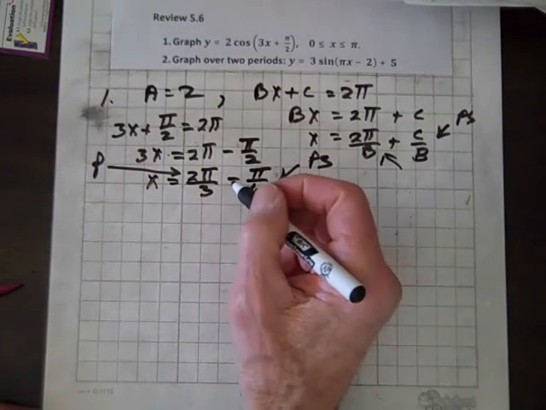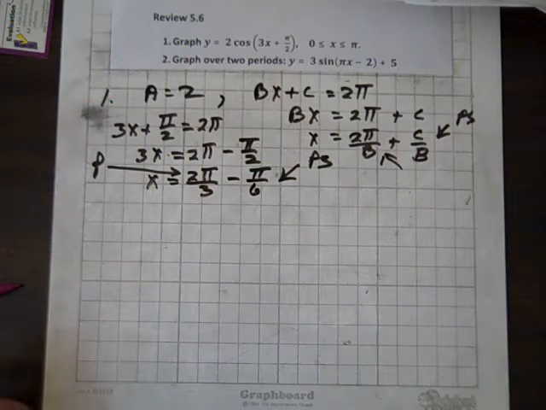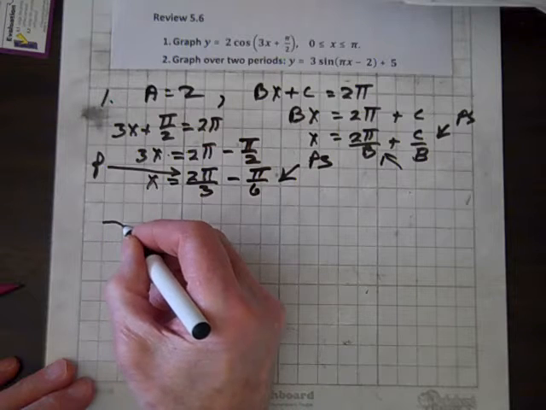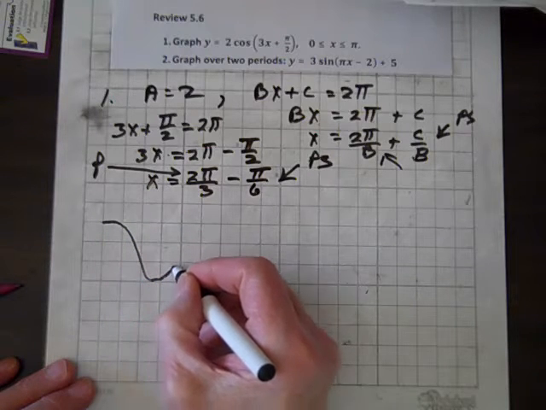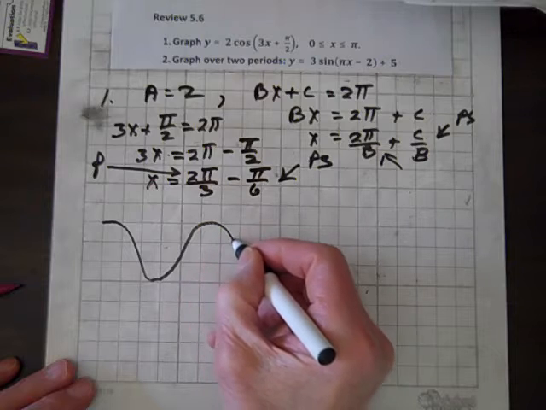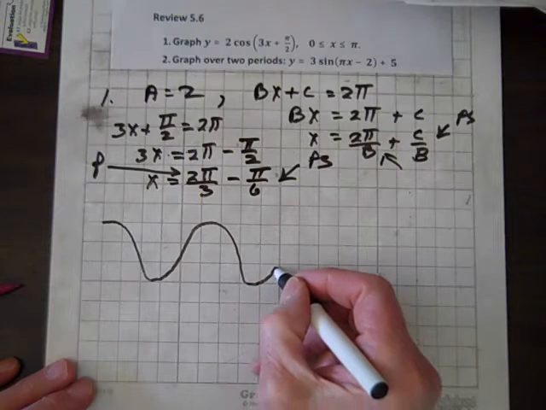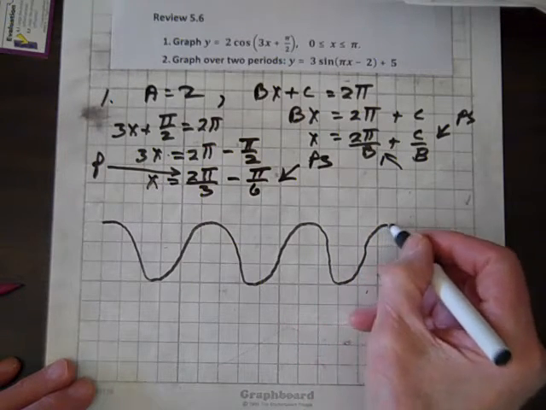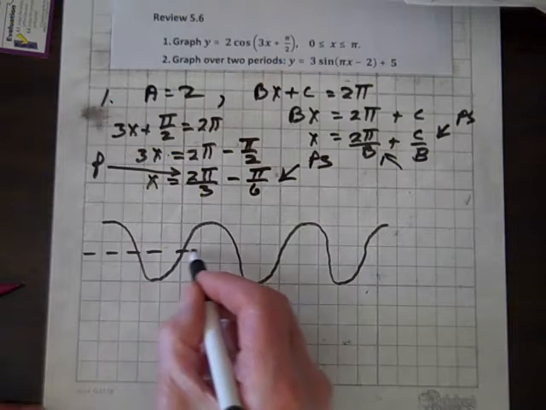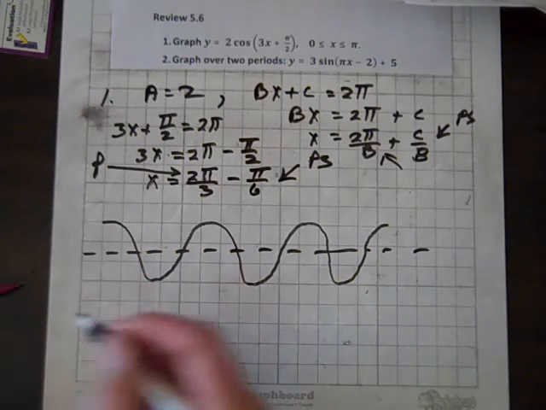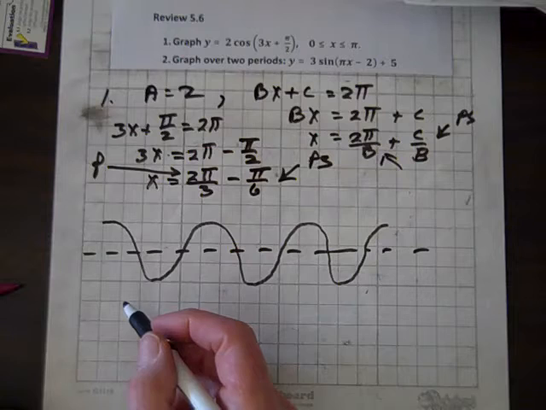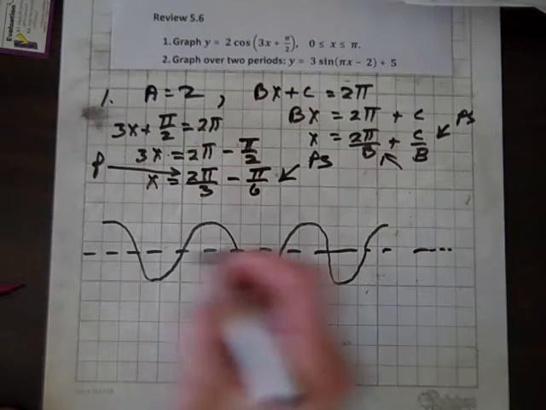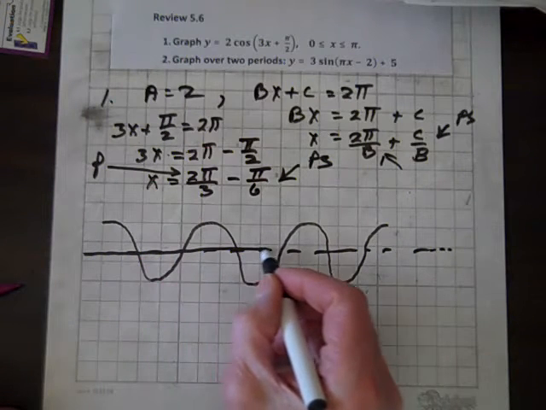Now, this is a cosine curve, so let's draw some general cosine curve. Okay, and I'll draw a center line. It turns out, we don't have a vertical shift, so this will be the actual x-axis.